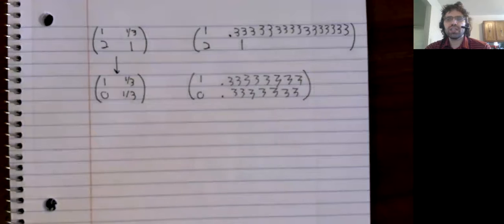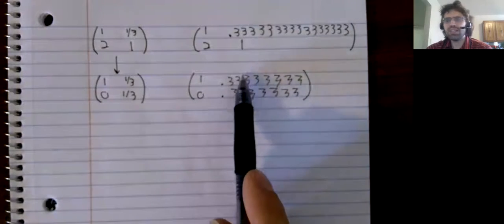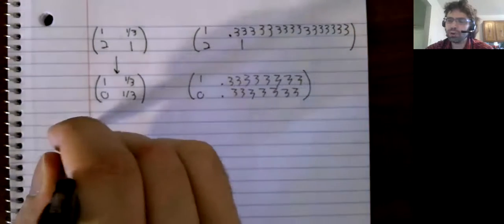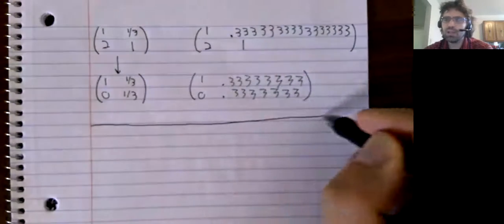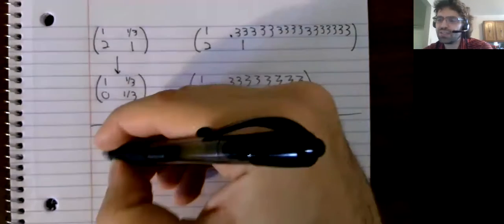So Gaussian elimination has made the situation worse. Admittedly, not much worse. But suppose you're performing row reduction on a large matrix.